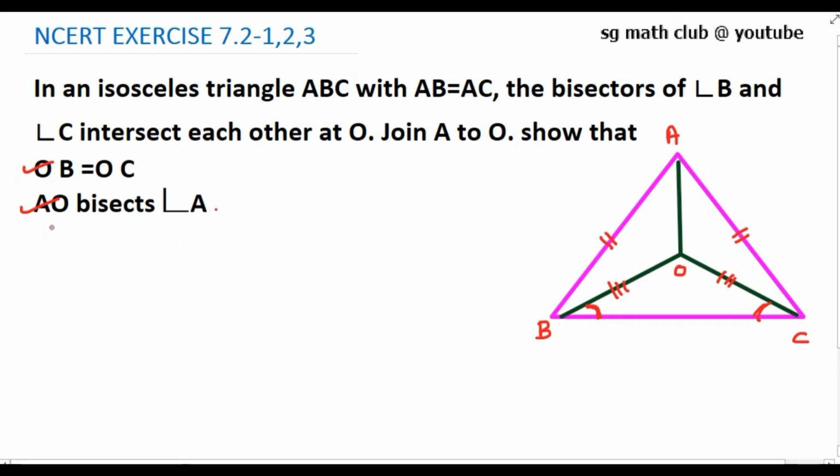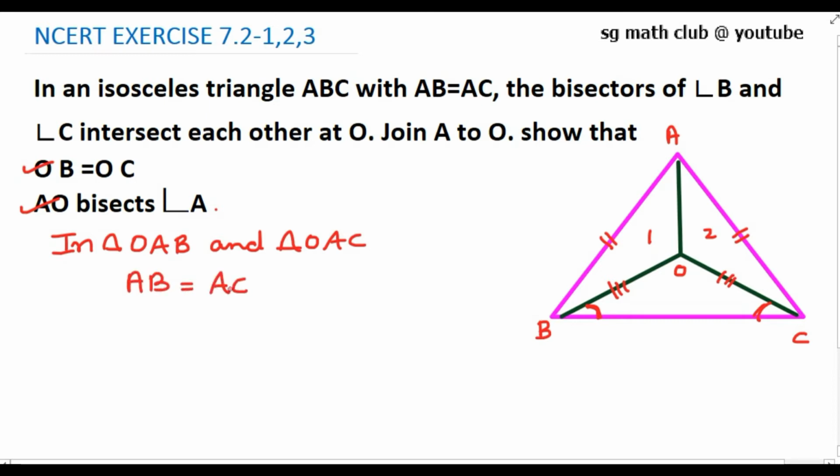Now the second part, to prove AO bisects angle A, I am going to take triangle OAB and triangle OAC. Again, they have given AB equal to AC. So angles opposite to equal sides will be equal.